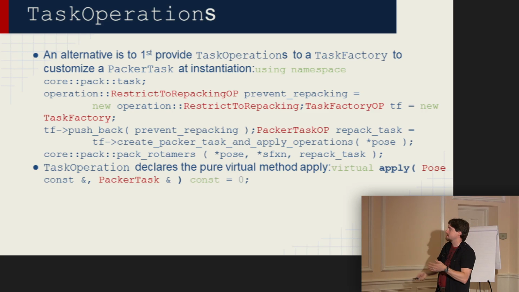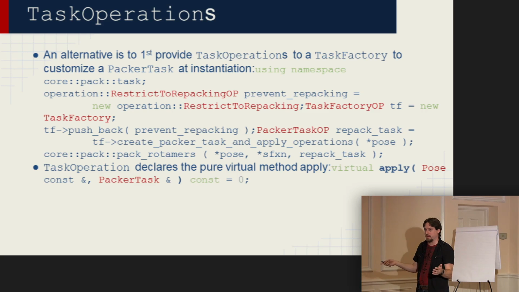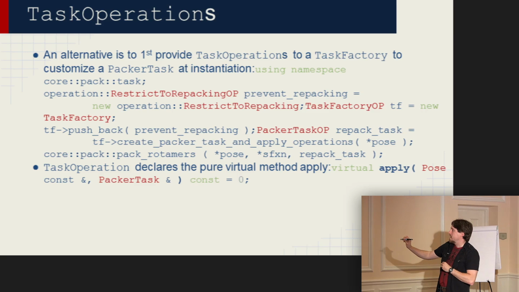We can add as many task operations as we want, and the order we add them doesn't matter at all because PackerTask is commutative. So we just add a whole bunch of these task operations to our task factory, and now we have a factory that's ready to build a PackerTask at the moment we need it. And so down here we say TF, our task factory, create PackerTask and apply our operations to the pose, and boom, we're all ready to go.